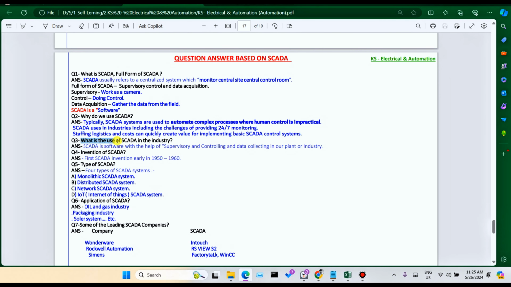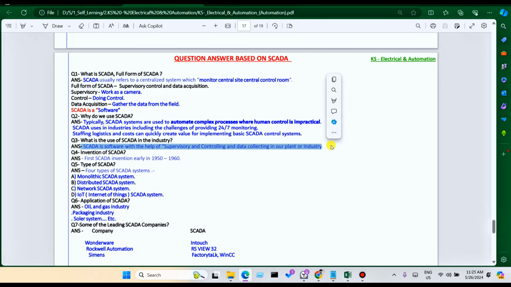What is the use of SCADA in industry? SCADA is a software. With the help of SCADA we do supervision, control and data collection in our plant.